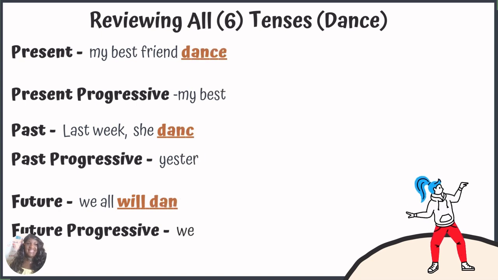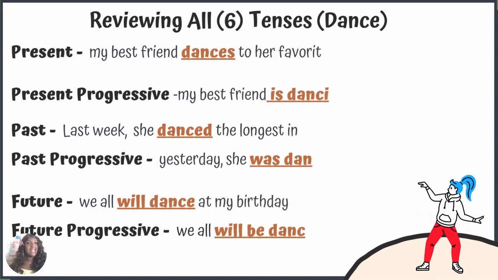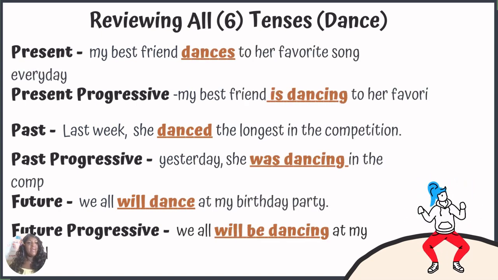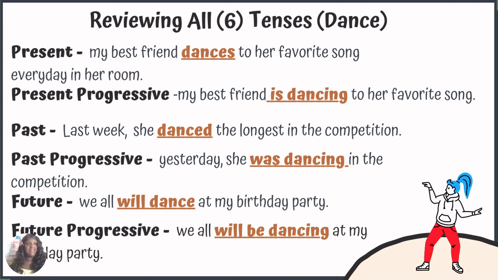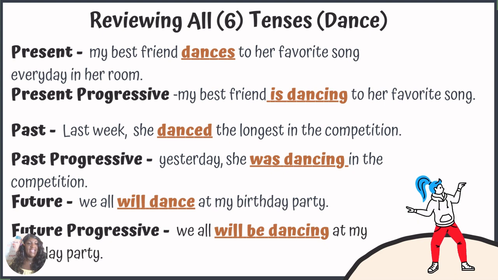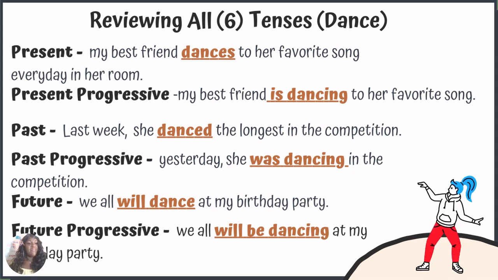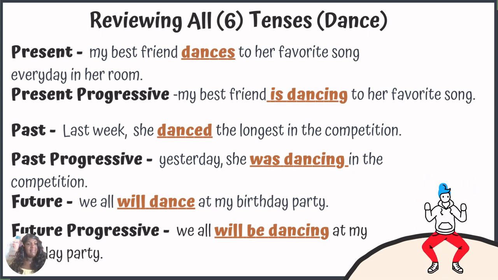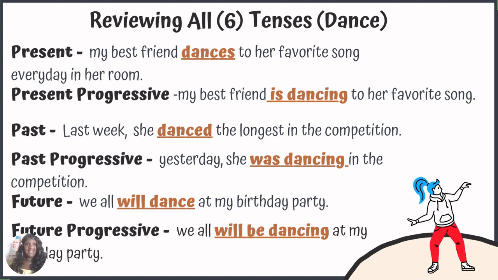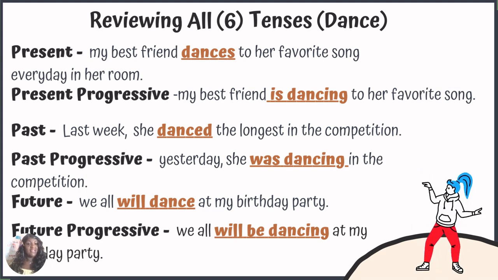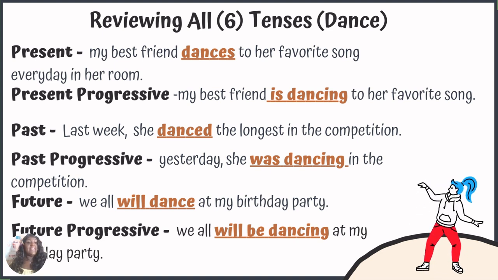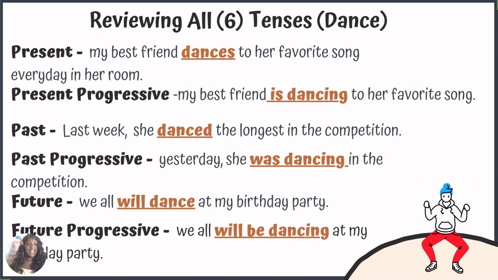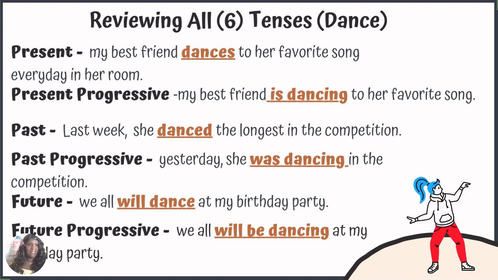Reviewing all 6 tenses for the verb dance. Present, my best friend dances to her favorite song every day in her room. Present progressive, my best friend is dancing to her favorite song. Past. Last week, she danced the longest in the competition.